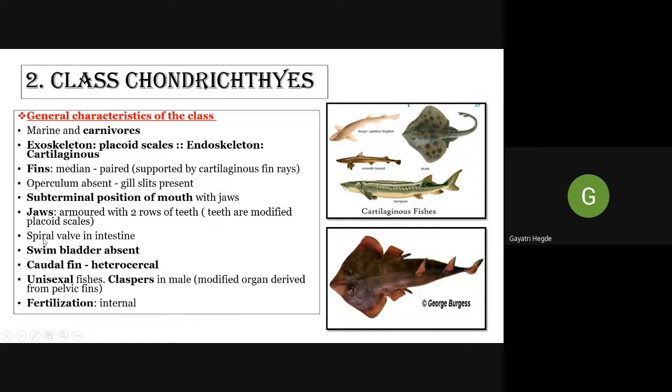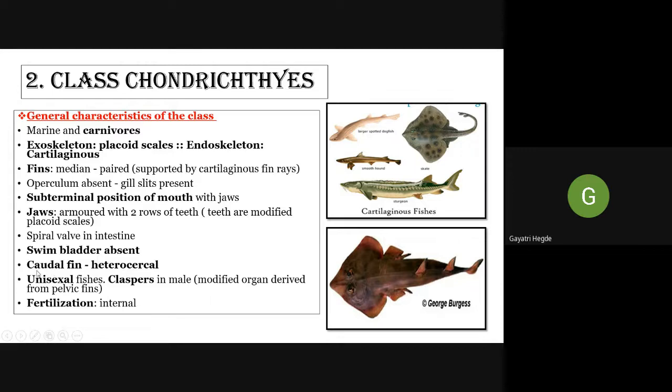Coming to the alimentary canal, it is complete, but it has a spiral valve in the intestine. This is something different which is not seen in other classes. Swim bladder is usually absent. Swim bladder is an organ that looks like a plastic bag filled with air. That swim bladder is absent in this class.